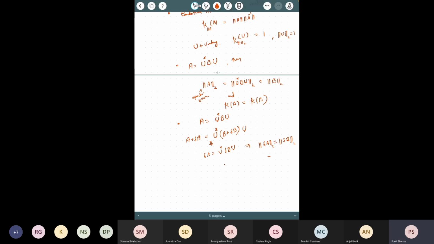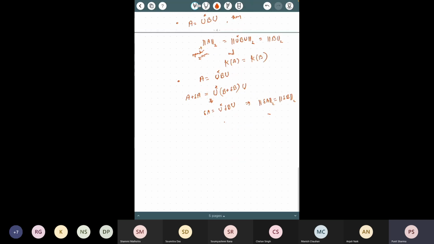So you can say that any error that a matrix may contain will not be amplified by subsequent unitarily similarity transformation. So any error which was there in the matrix will not be amplified by the use of this unitarily similarity transformation. But the same thing cannot be said for an arbitrary similarity transformation. Why is that? Let me write this just for your record.